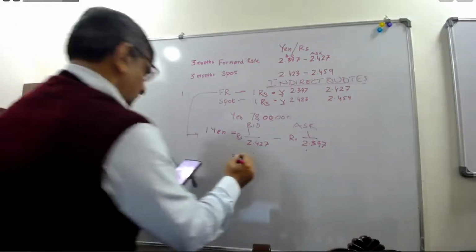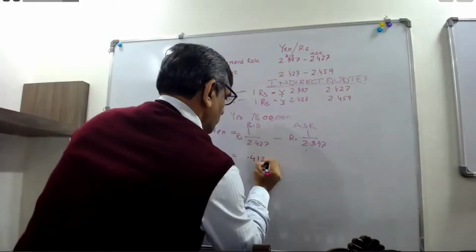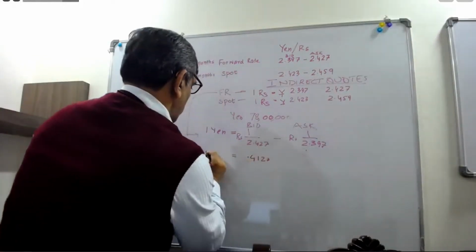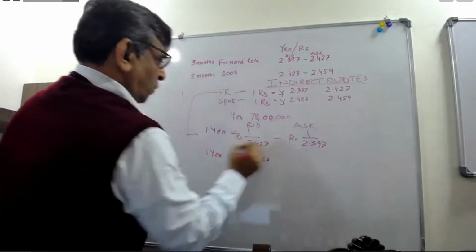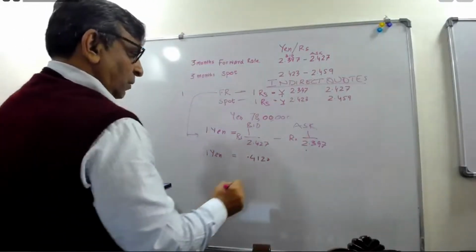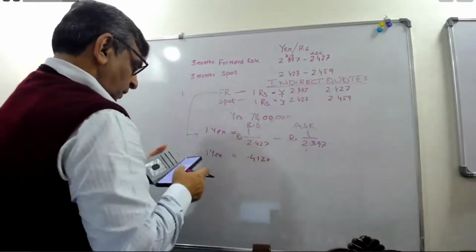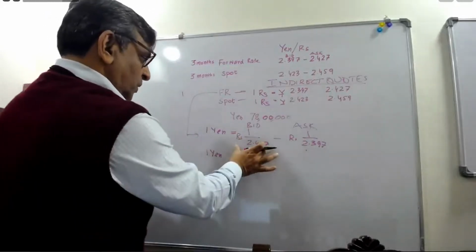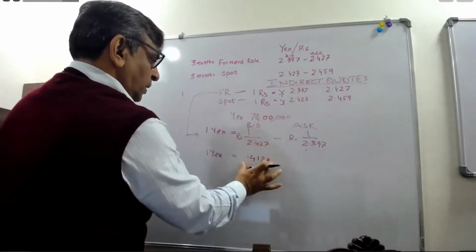So this is 0.4120. So 1 yen was equal to 0.420. Fine. This is the bid. And the ask is more relevant because we are using the ask. We are using the bid because, when we are selling goods abroad, we are going to get this price.